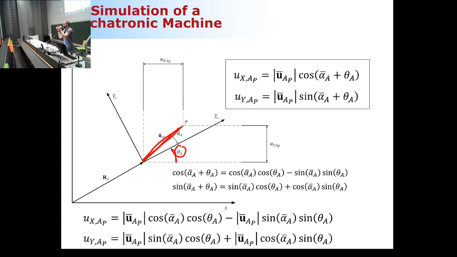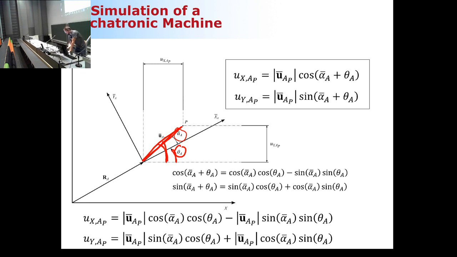Then I have another important angle, and that angle is the angle of vector u bar with respect to the orientation of the body reference x-axis. That is denoted as alpha. So I have two rotations. You put them together, you will get this angle, how much the vector u bar is rotated with respect to the global coordinate system, right? Okay, so then it is easy if we know this.